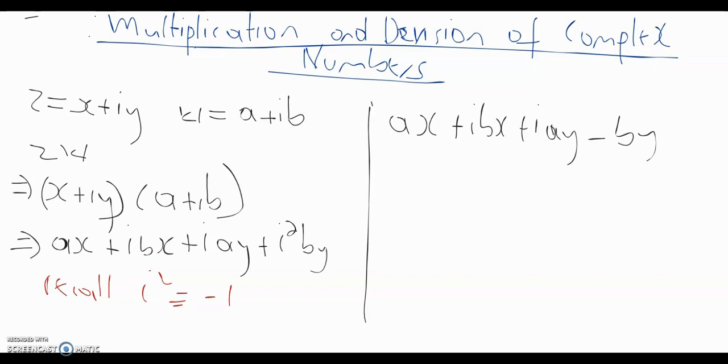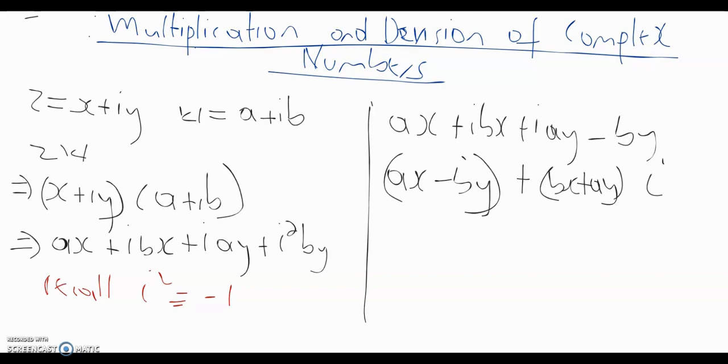So my real part would be ax minus by, and plus, let me just factor out the i here, i times (bx plus ay). So clearly we can see that the real part is ax minus by, and the imaginary part is bx plus ay. And that is pretty much how we go about multiplying two complex numbers.